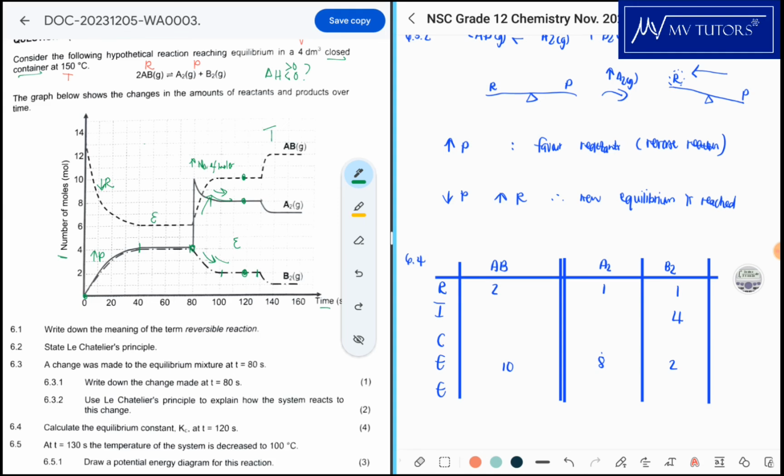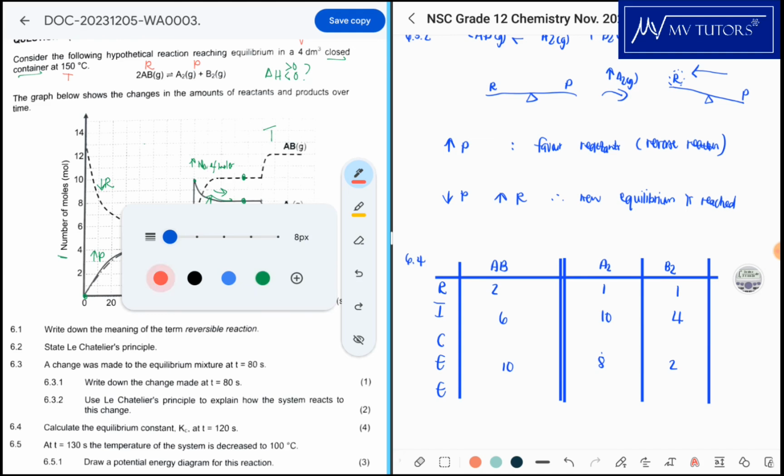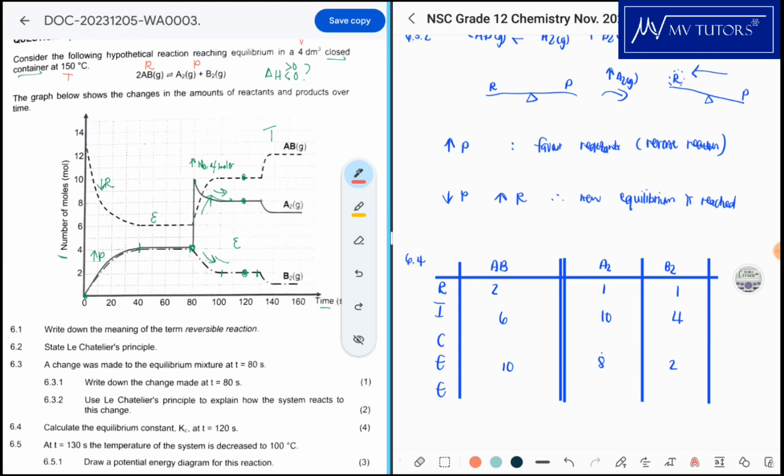All right, for A, it is 10 moles, and AB is at that point 6 moles. And then we can see the change as well, which is why I think I shouldn't actually be drawing this rise table, but this is the change, the difference in number of moles.